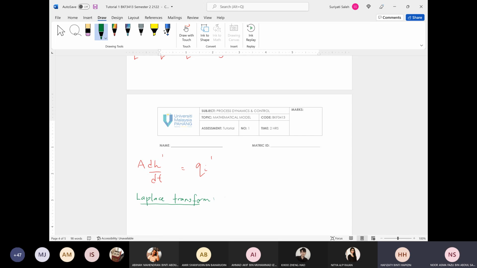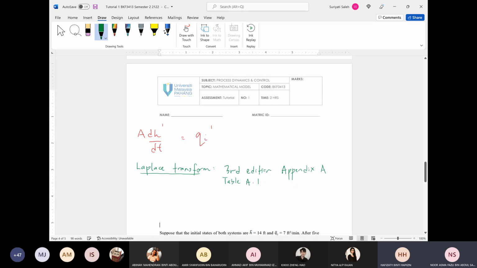If you refer to the third edition, the Laplace transform that we are going to refer to is in appendix A, Table A1. If we refer to Table A1, you can find equation number 24.